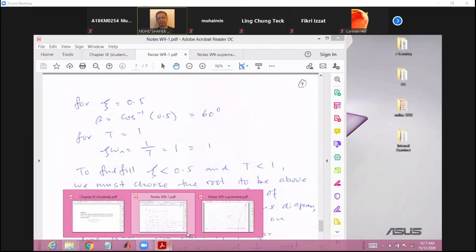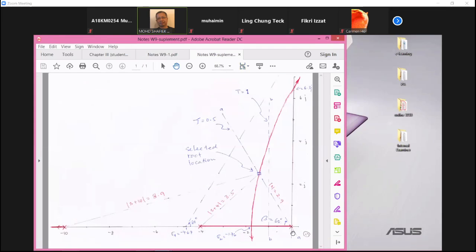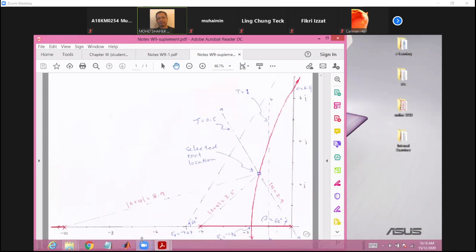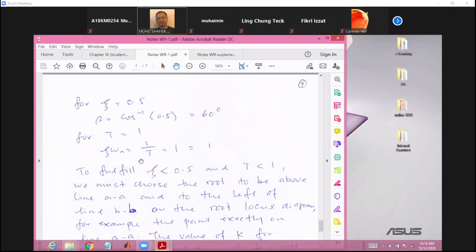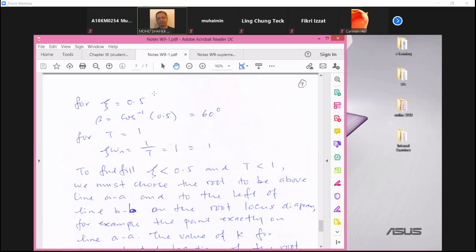So you come here, and from the origin, you measure 60 degrees, and then you draw a straight line, A here. Anywhere below that is going to give you the damping ratio of 0.5. So when damping ratio is 0.5, the angle beta is 60 degrees.